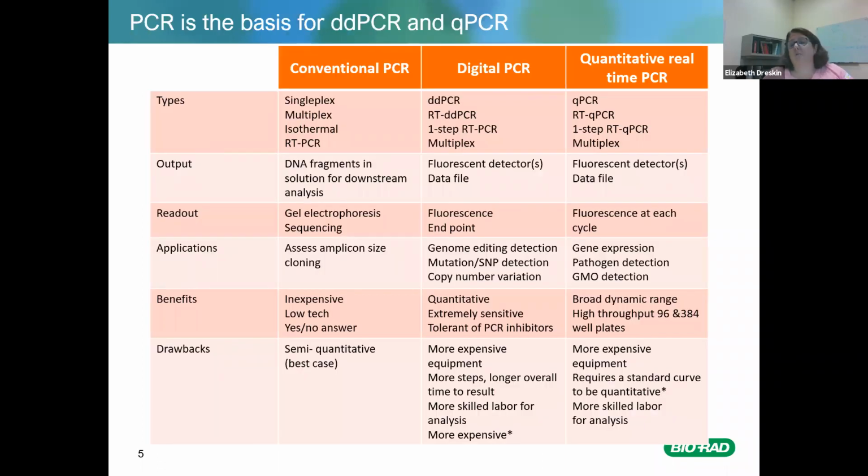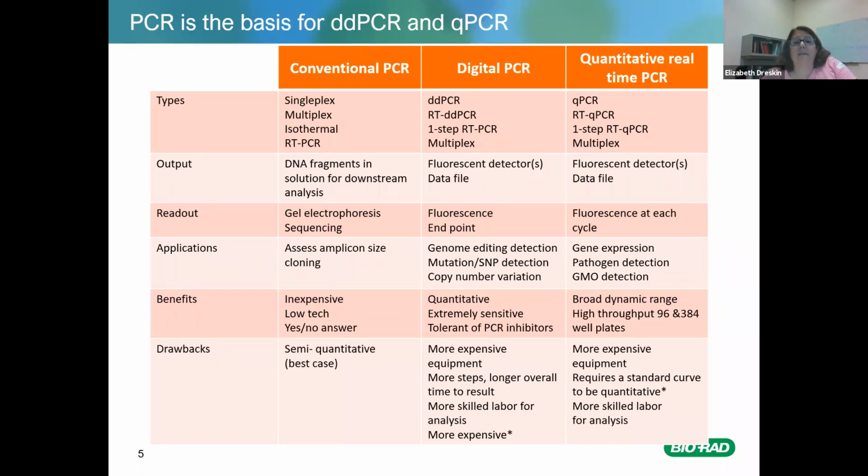We mentioned before that PCR is the basis for droplet digital PCR and qPCR. Conventional PCR is an endpoint readout where we do either sequencing or gel electrophoresis. Droplet digital PCR is also endpoint, but we use fluorescence to detect the reactions, and that's very sensitive.